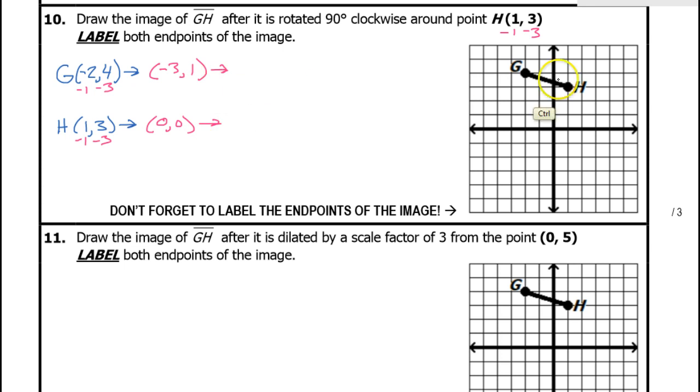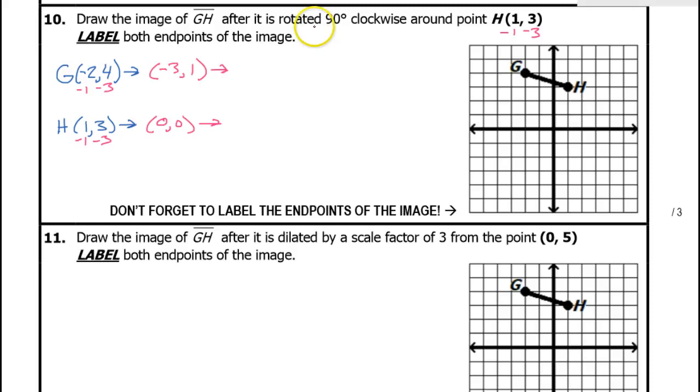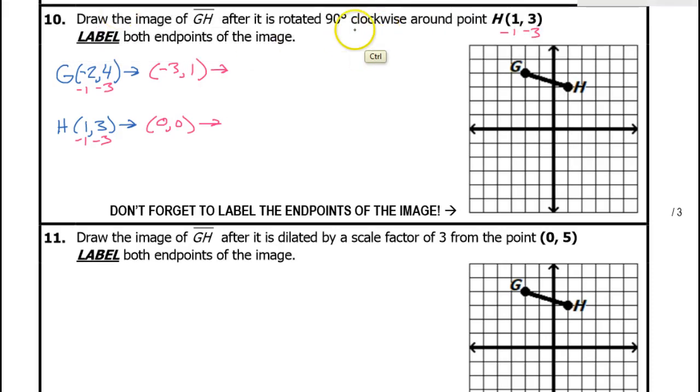Now that we have moved the points to revolve around the origin, we can apply our rules. So that's our next step. We're doing a 90 degree clockwise rotation. So 90 degrees clockwise, that's where a general point x, y will become y, negative x.